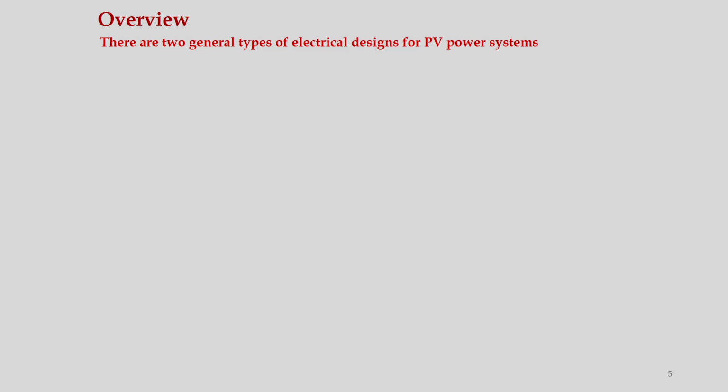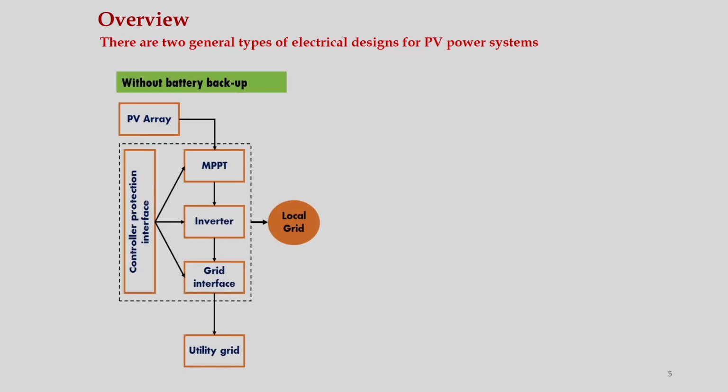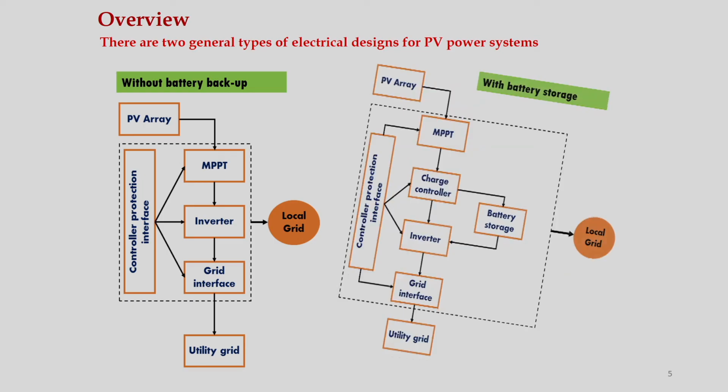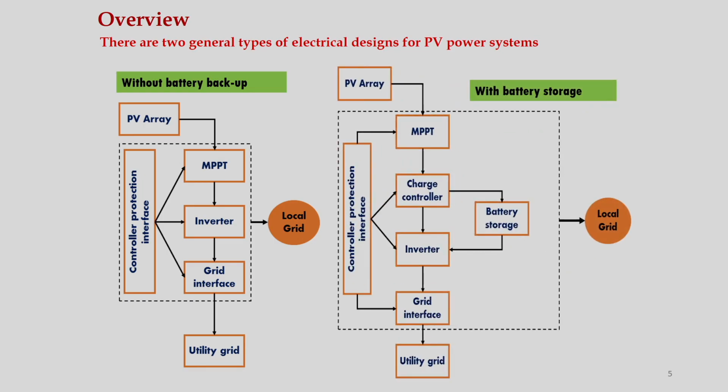There are two general types of electrical designs for PV power stations. The first design is without battery backup and the second design is with battery backup, right. The components are already known to us now. We need PV arrays, then we need MPPT because we need to operate at the maximum power point, by using an electrical or mechanical system, and then we need an inverter to convert direct current to alternating current, and then a grid interface.